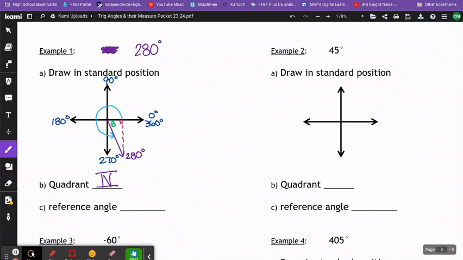So I can go to the calculator if I want and subtract 360 minus 280, however you come up with that the easiest. But from 280 degrees to a complete rotation of the circle, this measurement here has to be 80 degrees. So 80 degrees is the measurement of theta. Theta is my reference angle.